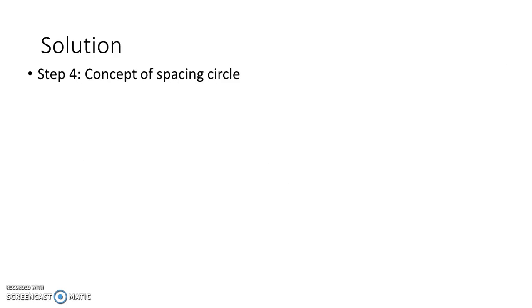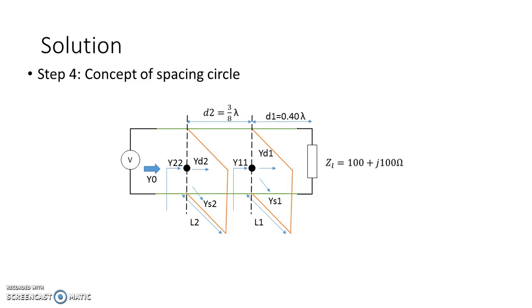Now, a very important concept in double stub matching network is the concept of spacing circle. Let us first understand what we mean by spacing circle and why we need it. For that, we will go back to our circuit diagram and do some analysis. Here we can see that we have plotted ZL, which we have converted to YL.